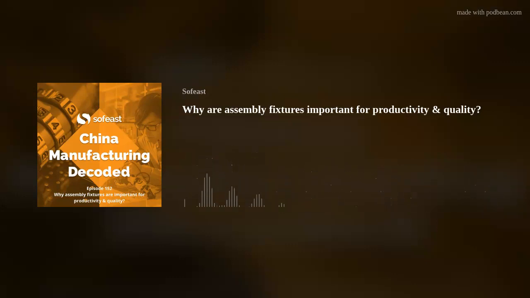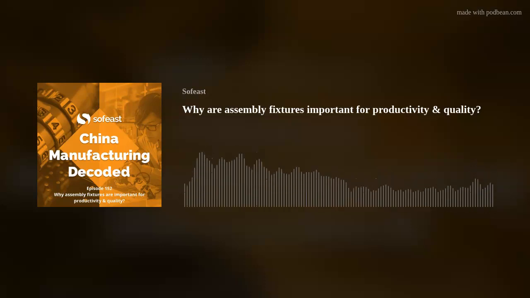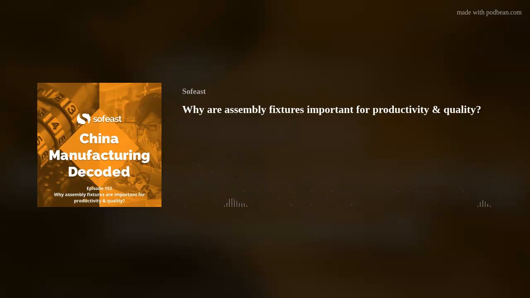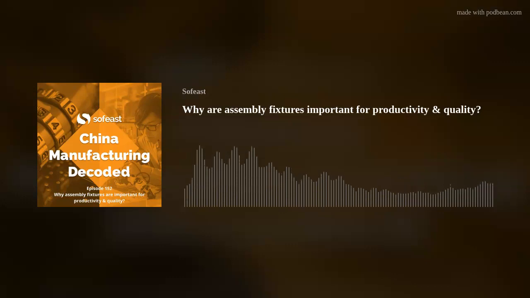It depends. If you do the product development, you have to start thinking about it, but maybe not designing the fixtures. And then it really depends on the skills and experience of the manufacturer, I would say.